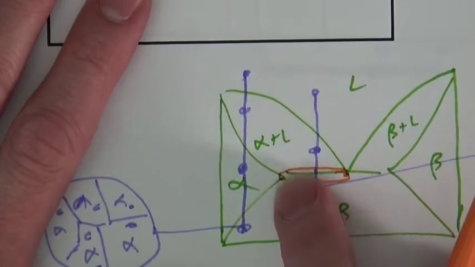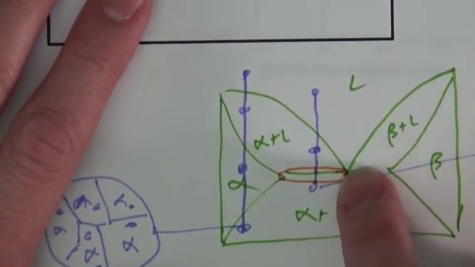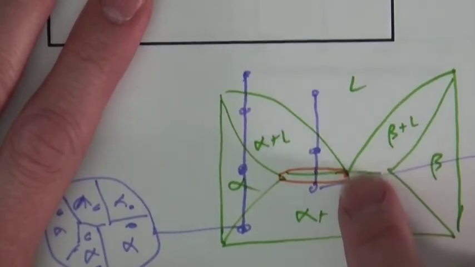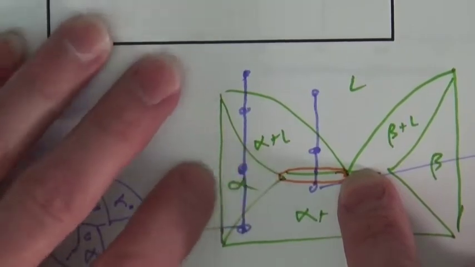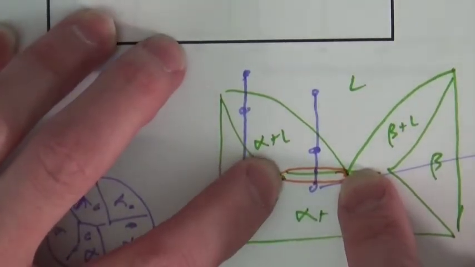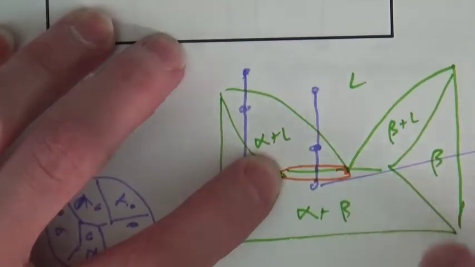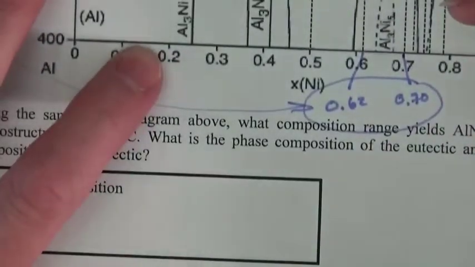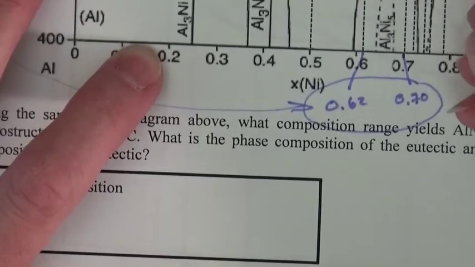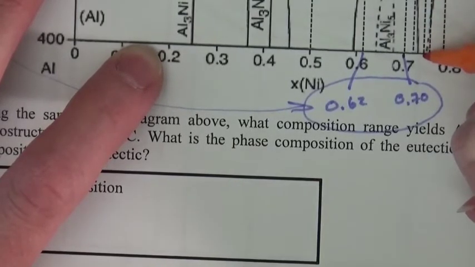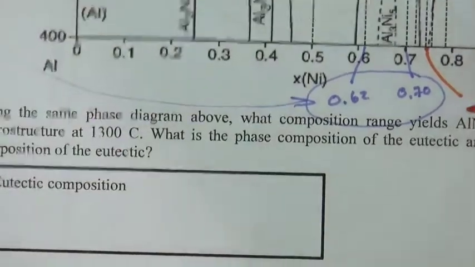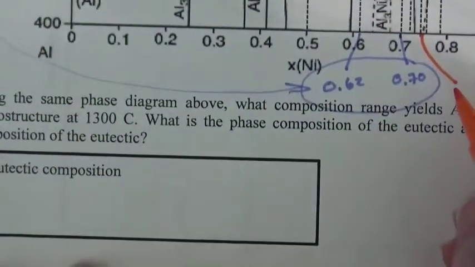So it extends from there to our the tip of the alpha where it hits the eutectic temperature to the eutectic composition, and the eutectic composition is there, which is around what?